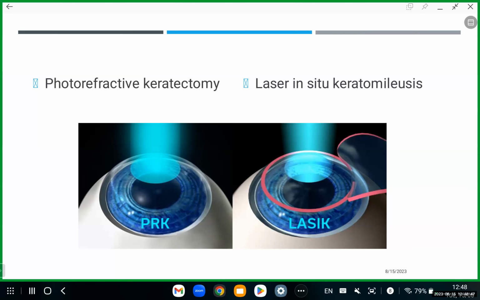Now most of these contraindications apply generally to all the refractive surgeries. But to discuss particular refractive surgeries, there are particular contraindications also, which I will try to explain. Common procedures are laser in situ keratomileusis and photorefractive keratectomy. In LASIK, a corneal flap is raised and the laser is applied to the stromal bed, hence the refractive error is corrected.